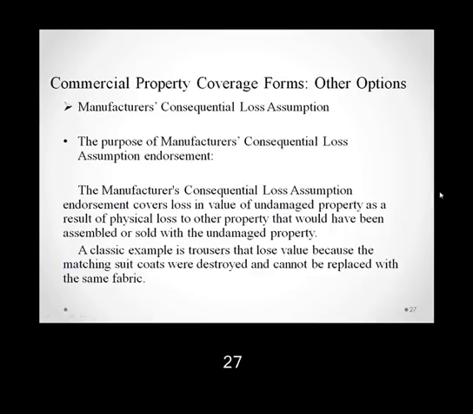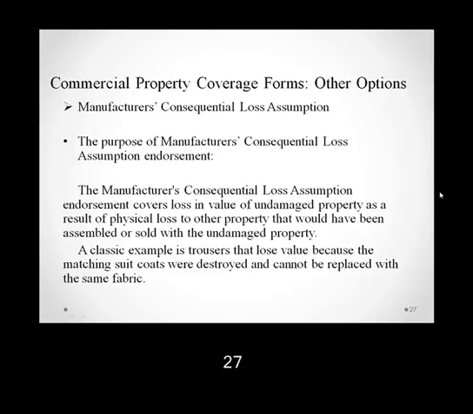The next, we will have this manufacturer's consequential loss assumption. What does it mean to be manufacturer's consequential loss? For example, if you made suits for men, and we all know that suits come in a pair. There's the trousers and the jacket.